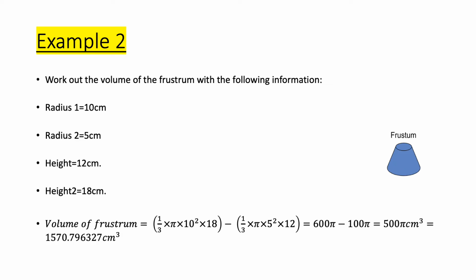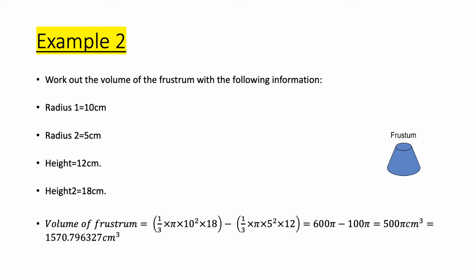Example 2. Work out the volume of the frustum given the following information. Radius 1 is 10, radius 2 is 5, height 1 is 12, and height 2 is 18. The volume of the frustum is a third times pi times the bigger radius squared, times the height, subtract a third times pi times the smaller radius squared times the smaller height.